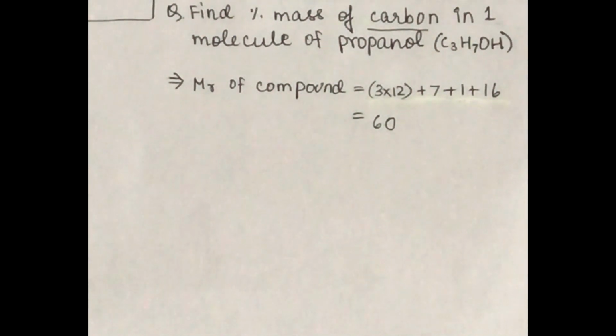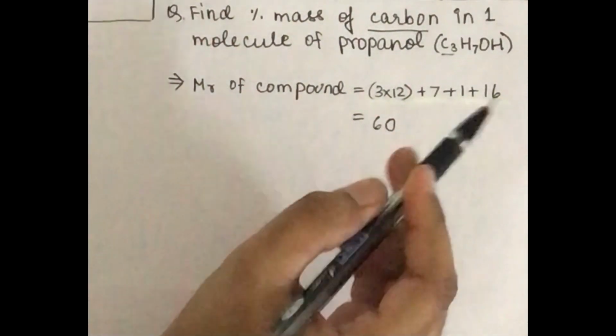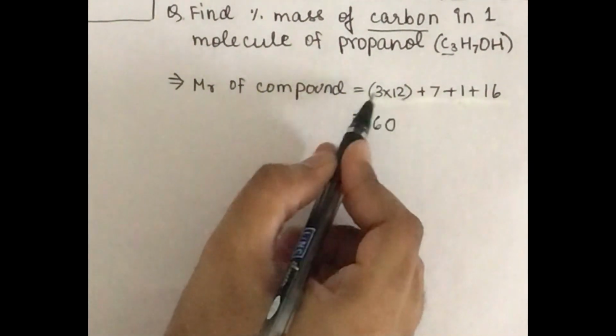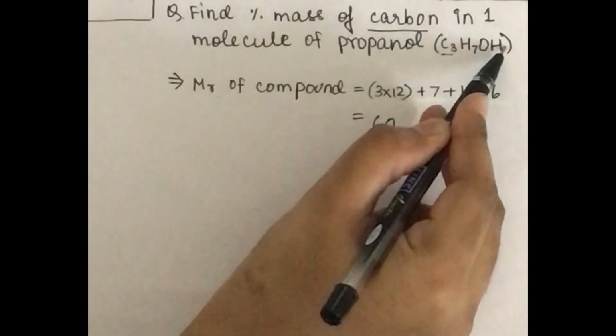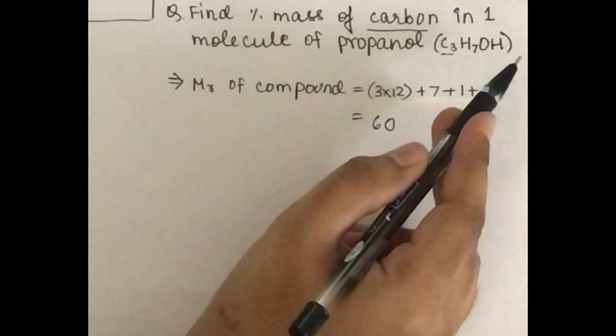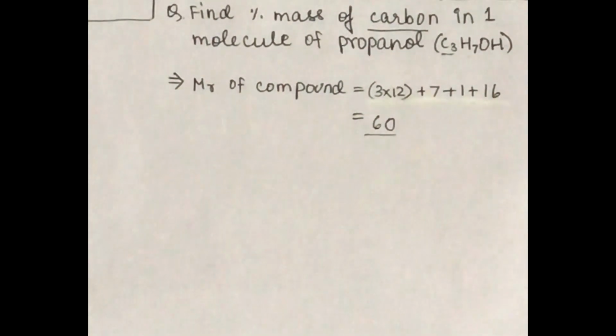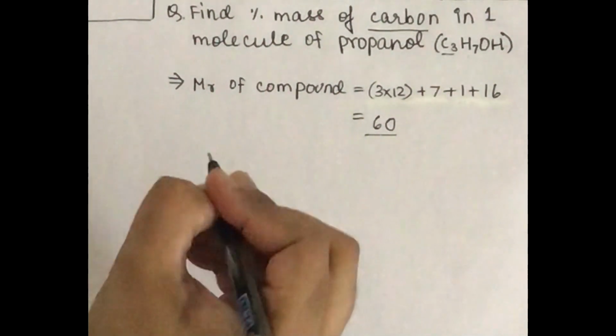We'll add them up together, so 3 multiplied by 12, since there are 3 carbon atoms, plus 7 plus 1, 8, and 16, since there's just 1 oxygen. That gives us the MR as 60.